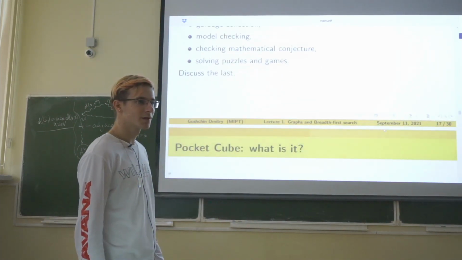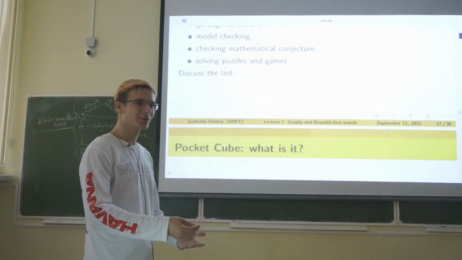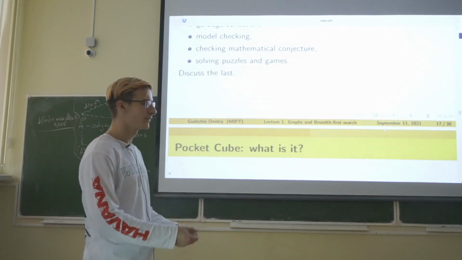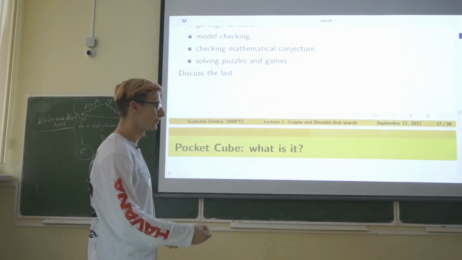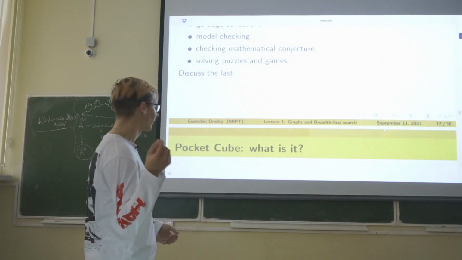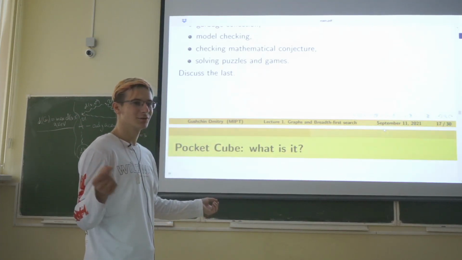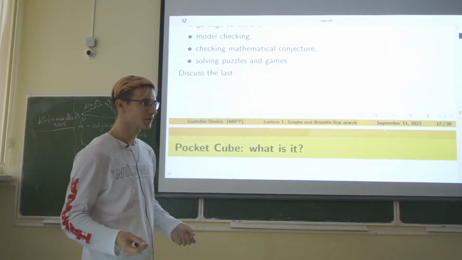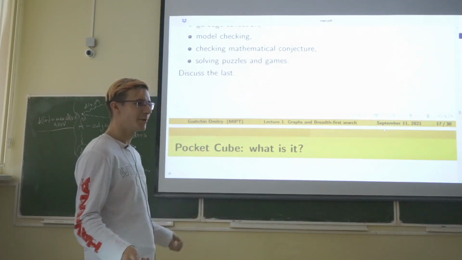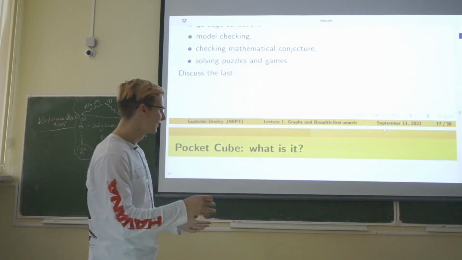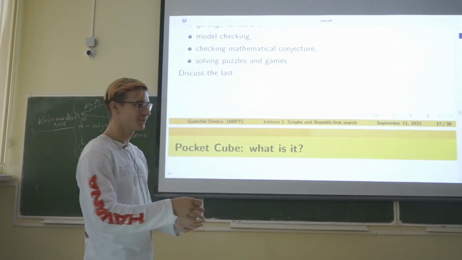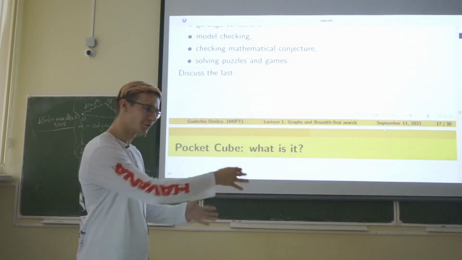Because if you open maps, you want to understand what way you need to use from, for example, the campus to the center of Moscow. And you don't want to wait for 1 hour while your computer computes all of the ways from the campus.